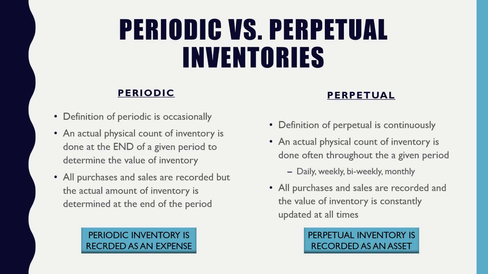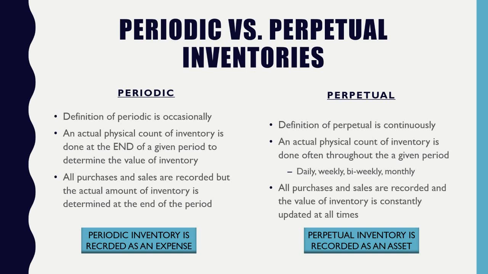So here's the first thing: when we talk about periodic, what is the definition of periodic? It's pretty straightforward, exactly what the real definition is. Periodically, you're doing it every once in a while, where you're checking it here and there. So it's not constant.